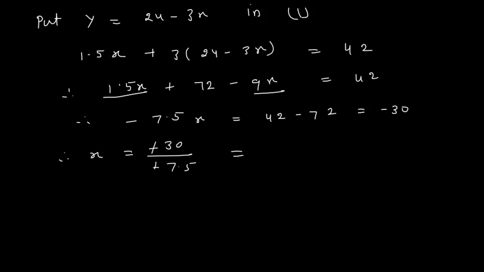This is 30 divided by 7.5. Let us multiply by 2, so it becomes 60 over 15, and 15 fours are 60. So the value of x is 4.